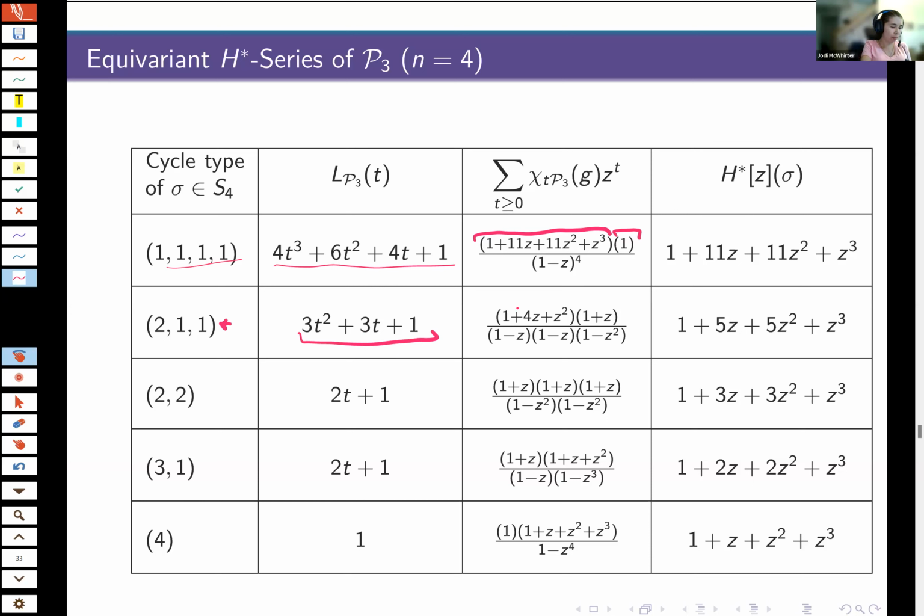And here's my Eulerian polynomial, but now I need to multiply by this 1 plus z. I can do that for each of these different cycle types. All right, so this is the equivariant H-star series.